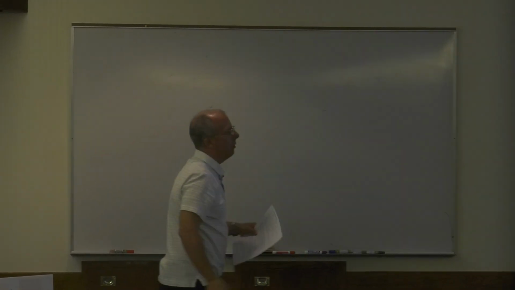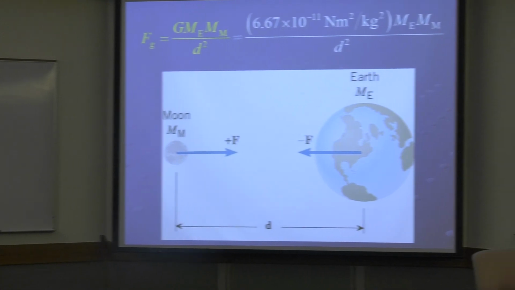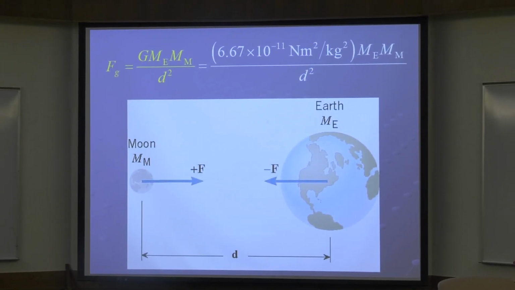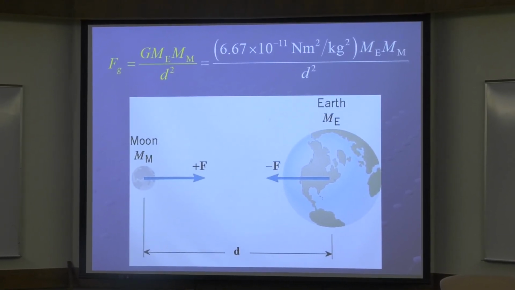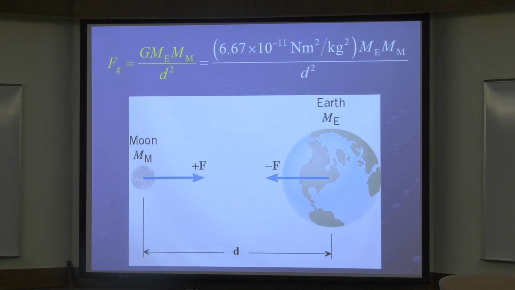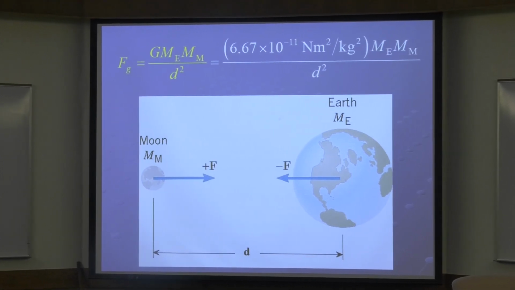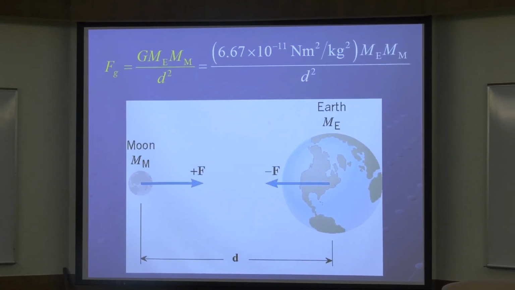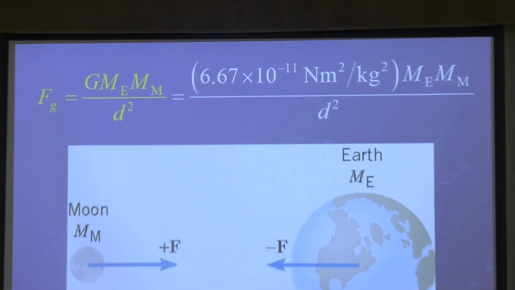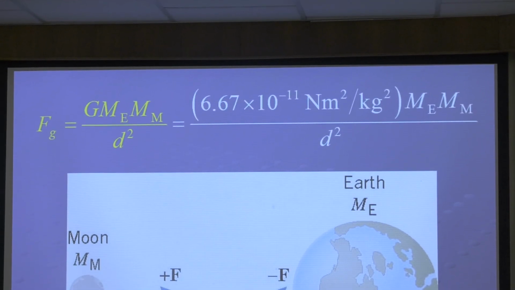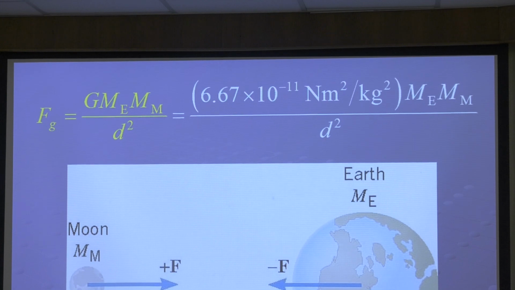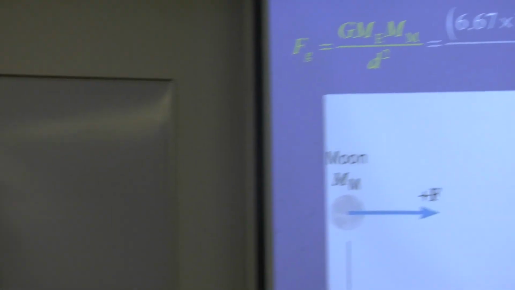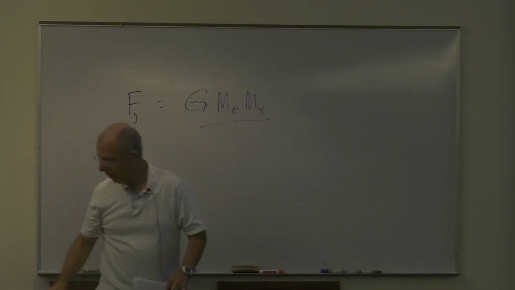Here's the equation, and let's just write G, not the number. So the force of gravity between you and the Earth is uppercase G, mass of the Earth, mass of you, and what's the distance?